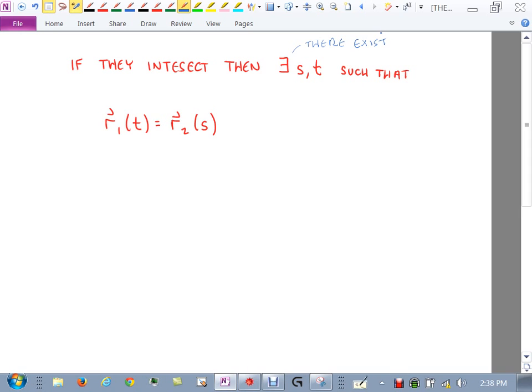But that just means that (1 plus T, -2 plus 3T, 4 minus T), that's R1 of T, must equal R2 of S, which we said was (2S, 3 plus S, -3 plus 4S).